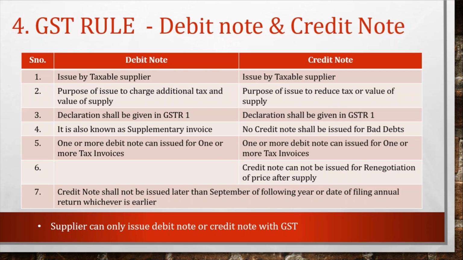Only the supplier has the right to issue a debit note or credit note with GST. The recipient cannot issue a debit note or credit note with GST. They can issue a normal debit note and credit note without mentioning the GST implications.